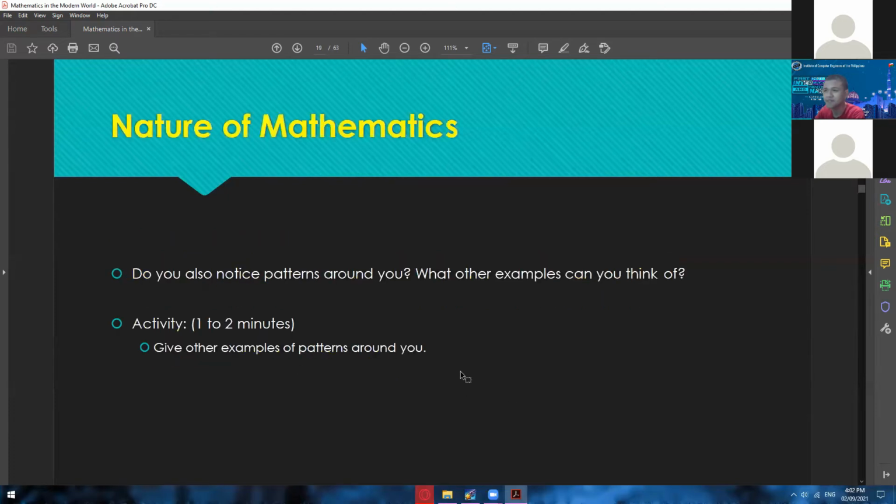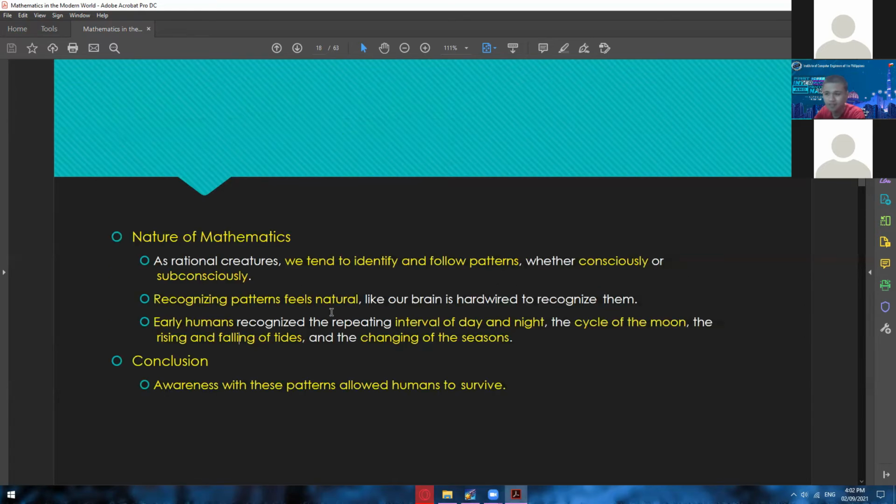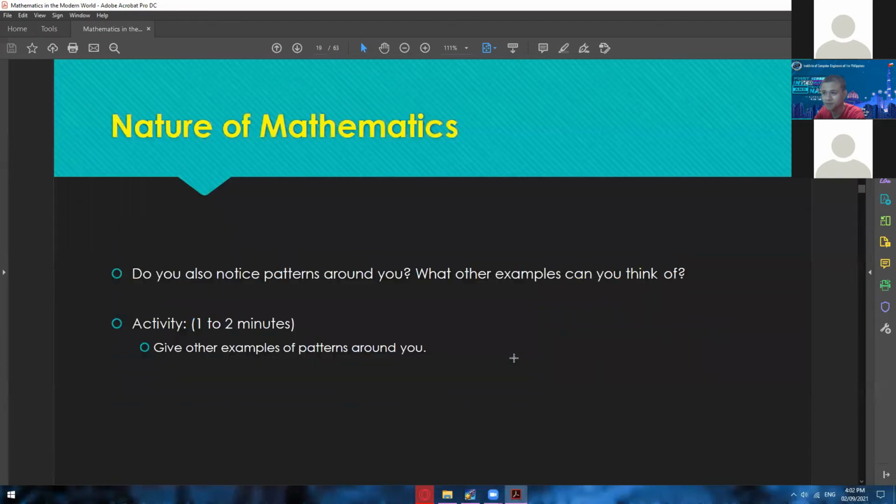I just have a quick question. Do you also notice patterns around you? What other examples can you think of aside from what we have here? Anyone who would like to share the patterns they have noticed around them?